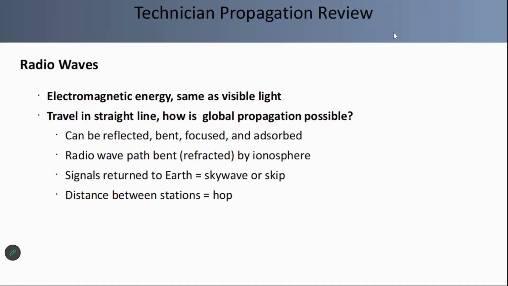That's the distance traveled. In the space between stations where that hop exists, usually you can't hear the transmitting station because the energy is going overhead, and you won't hear it down at ground level. That zone is known as the skip zone, where the signals actually travel right over.